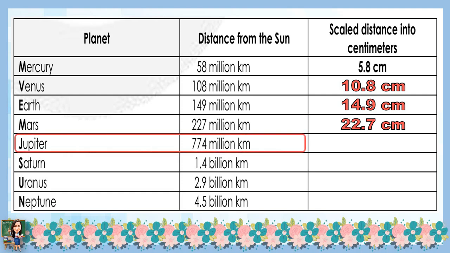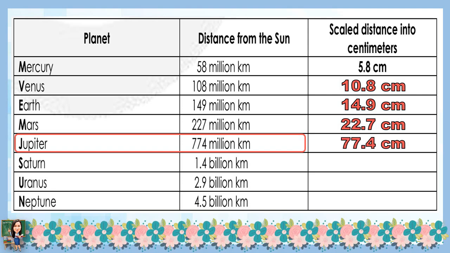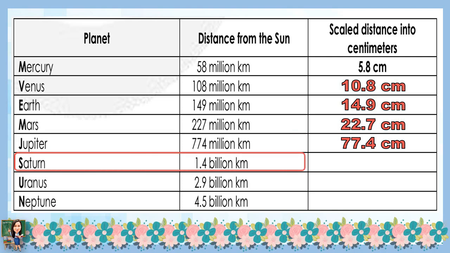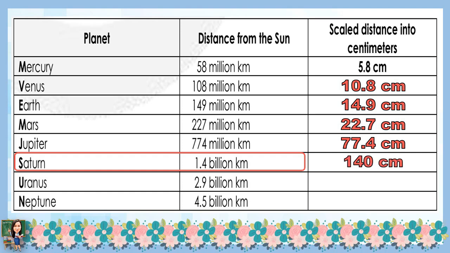Jupiter, 774 million divided by 10 million times 1 centimeter equals 77.4 centimeters. Saturn, 1.4 billion divided by 10 million times 1 centimeter equals 140 centimeters.